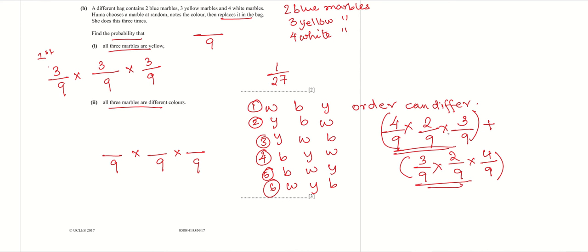So what you could do instead, I will just tell you what this is, right? 8 over 243.